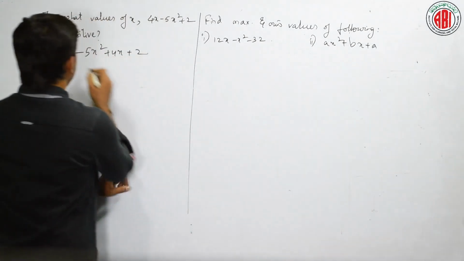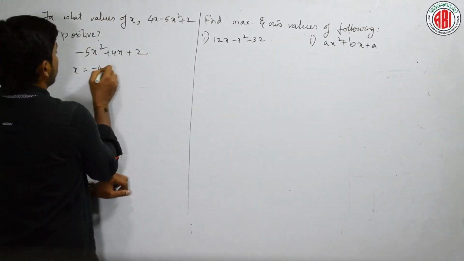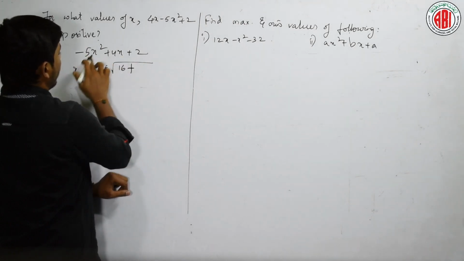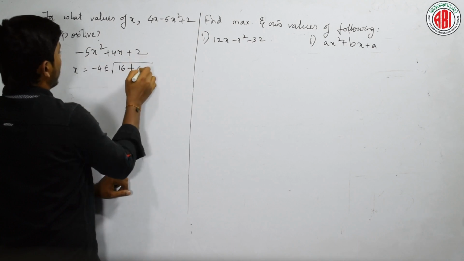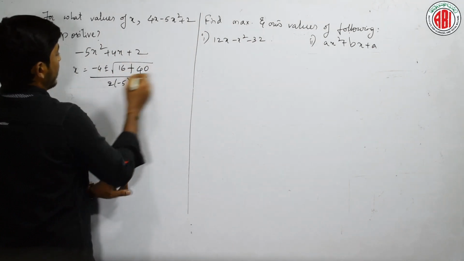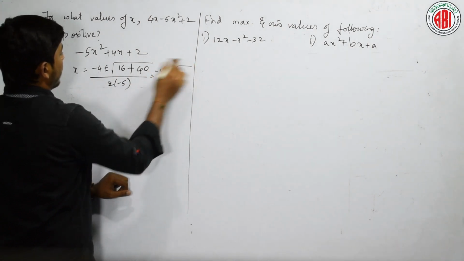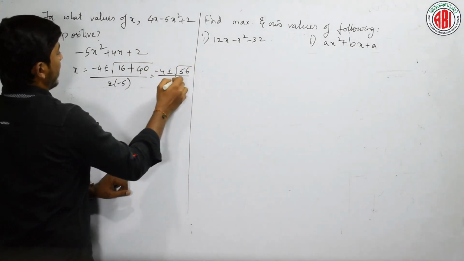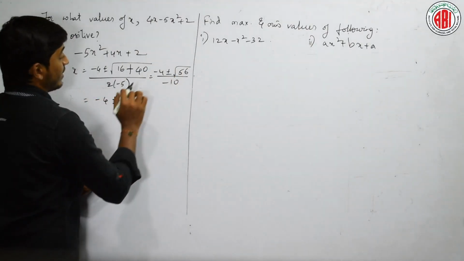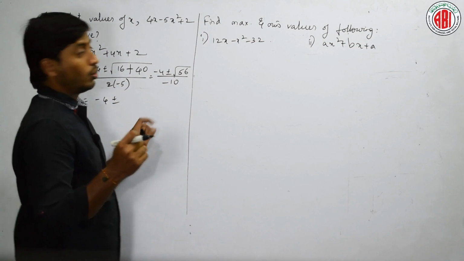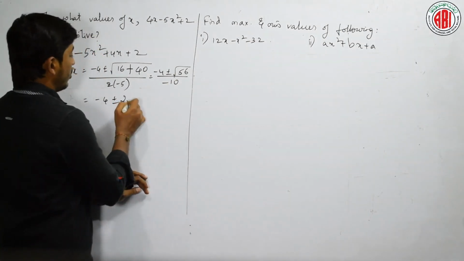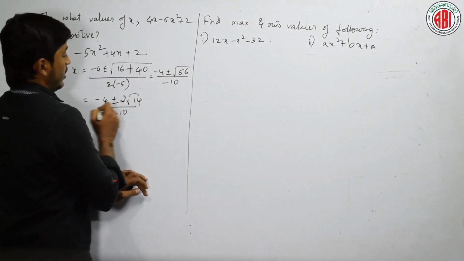So, this is x is equal to minus b plus or minus under root of b square minus 4ac, by 2a. 4 5s are 20, 20 2s are 40. Is it right? Minus 4 plus or minus root 56 by minus 10. Minus 4 plus or minus root 56 can be written as 4 into 14, right. So, that can be 2 root 14. Is it fine?